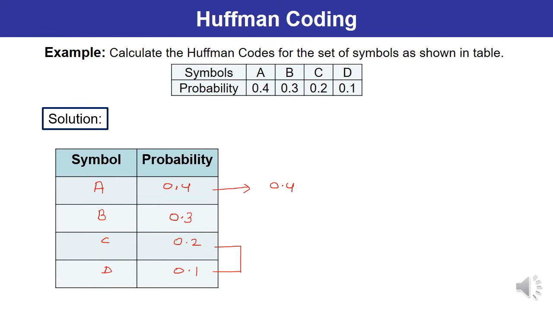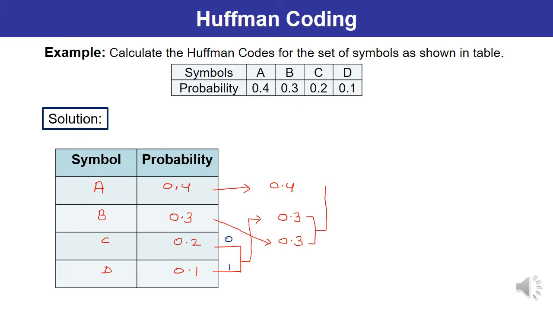0.4 as it is. This particular value, 0.3, at the second place, then at third place this value you are going to write. In this process, as you have studied in the algorithm, the higher up symbol is assigned a value 0 and the lower is assigned a value 1. Again, in the next column, add these two terms, 0.3 plus 0.3, you get 0.6.